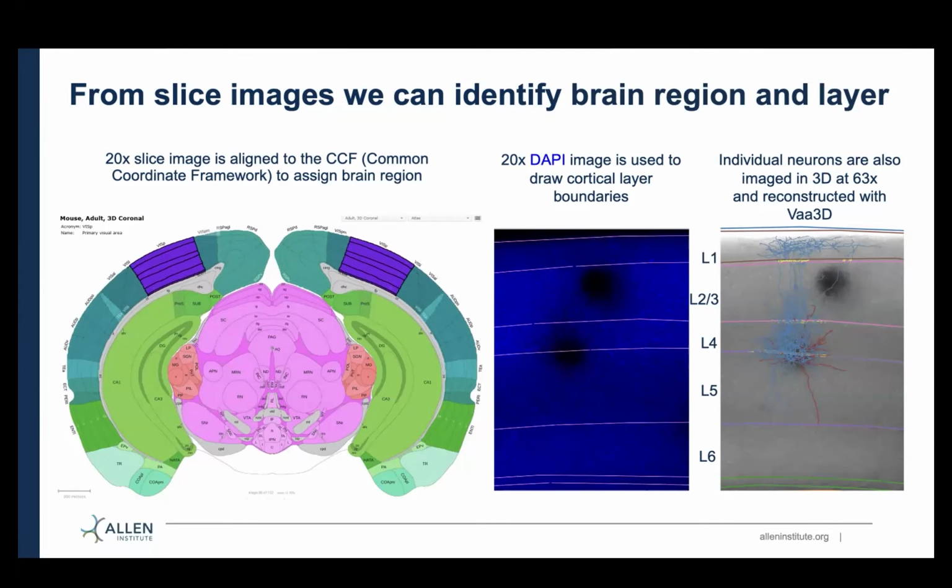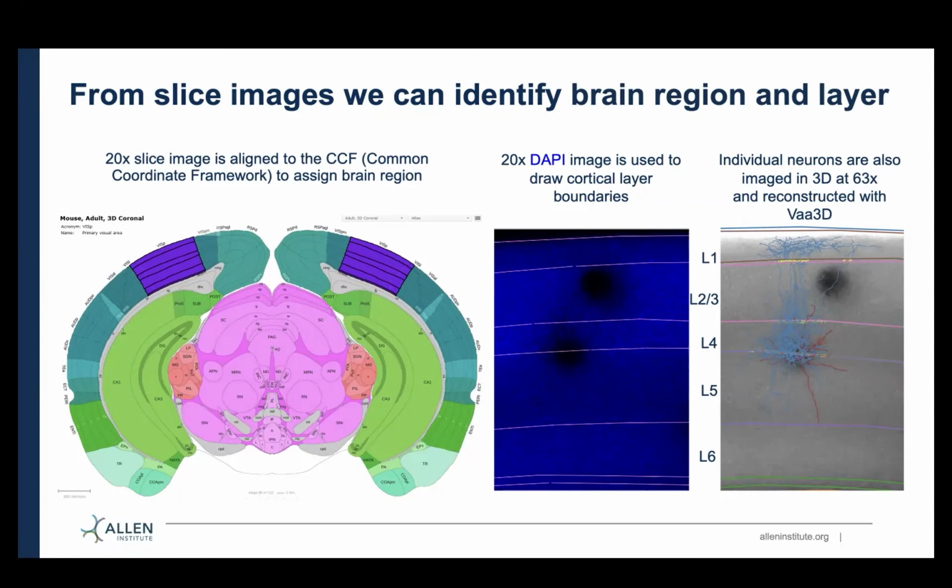This is an anatomical reference atlas that we can use to understand where our neurons are in the brain. In addition, to be able to better see the layers, we also stain all of our slices with DAPI, which is a nuclear stain. And we take a second 20x slice image.